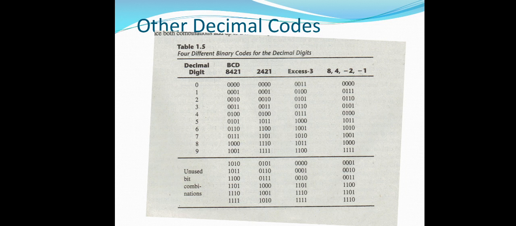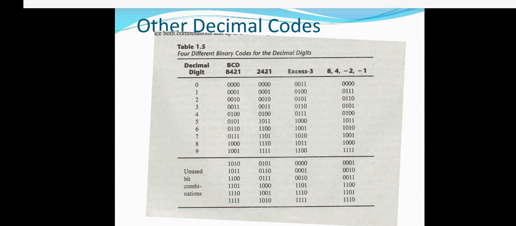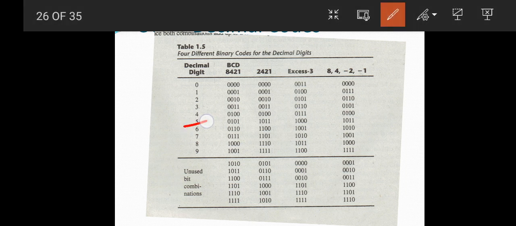Good. For example, I will get the value for the number 5. If you're going to get the BCD, what is on for 5 is this 4 and 1, and the rest is 0. So it is 0, 1, 0, 1.